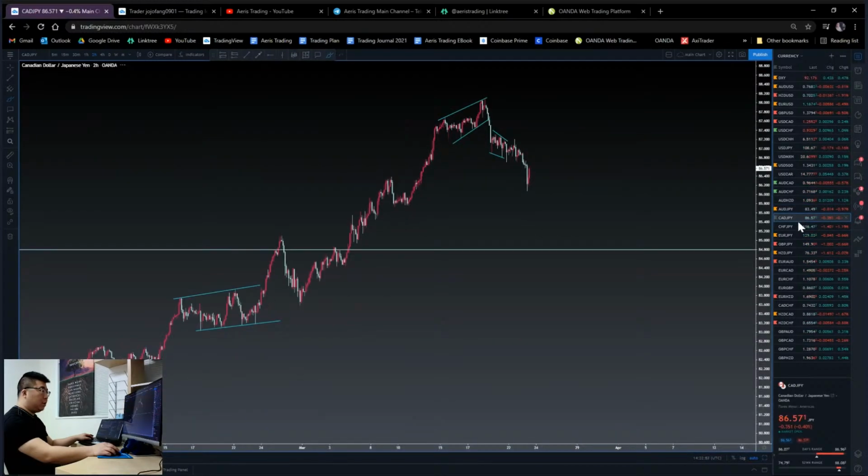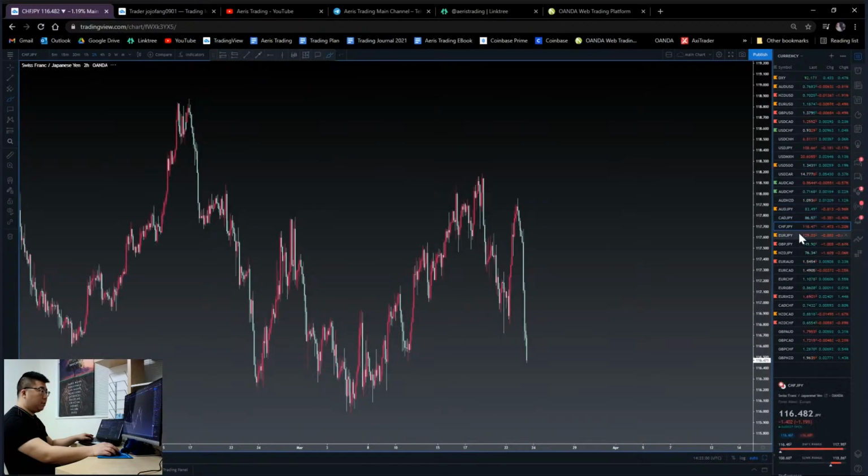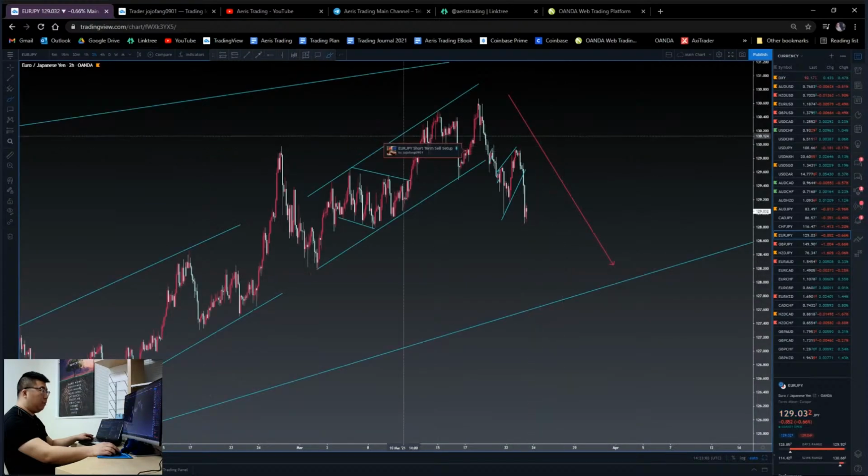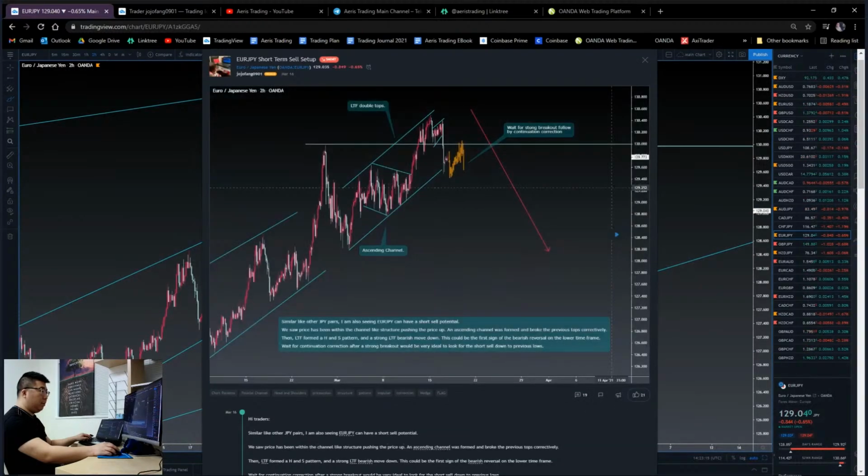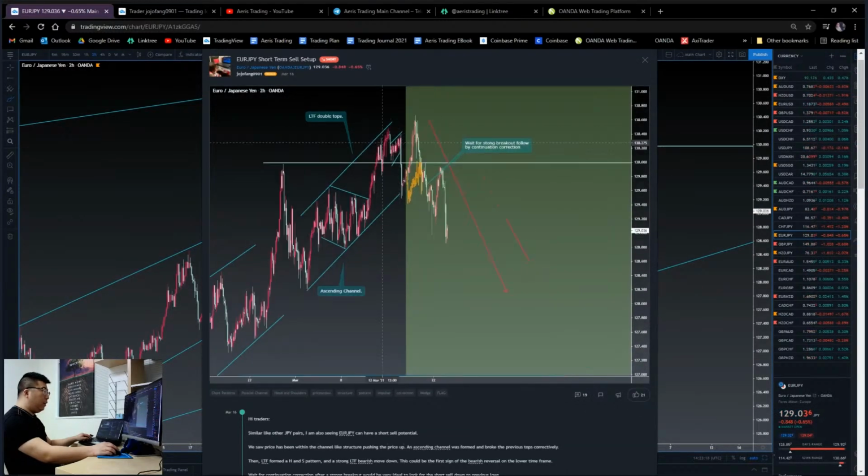I'm not really interested in CAD Yen or Swiss Yen, so I'm not going over those, but I'll talk about Euro Yen. So Euro Yen is pretty much similar to most of the other yens that we have been looking at. I like how we have that symbol. And again, I was looking for a potential sell here. Remember, we don't know when this correction will finish, but what we do know is when we have an impulse breaking out of the structure and there's a correction here, we're likely to see continuation.